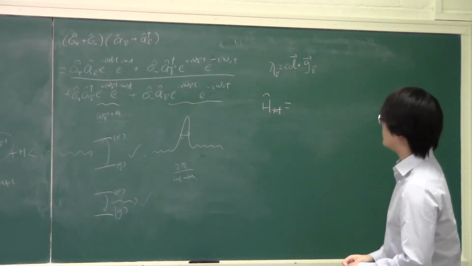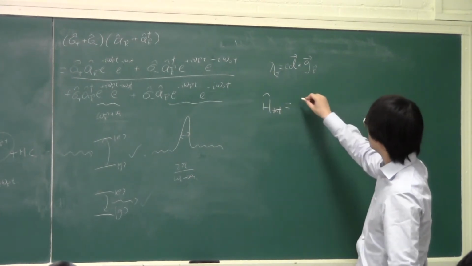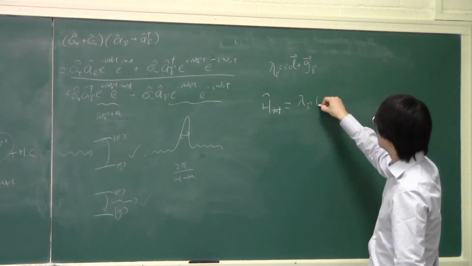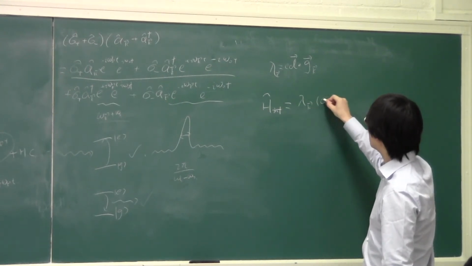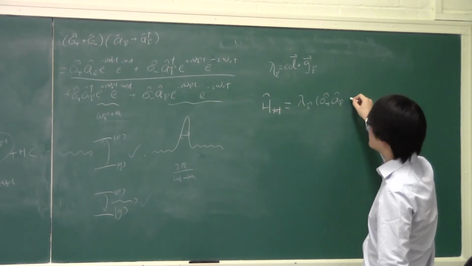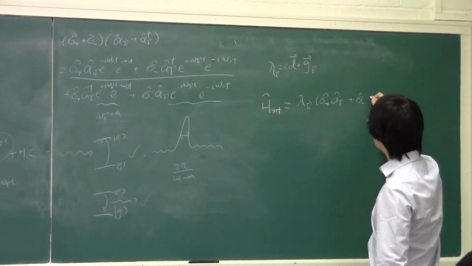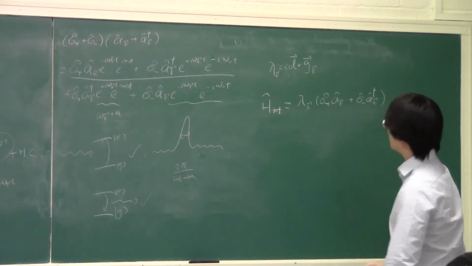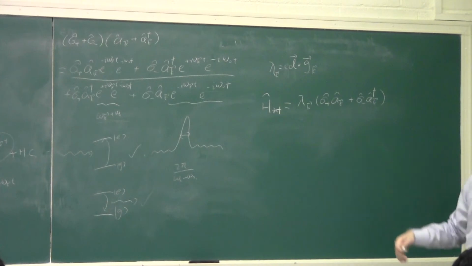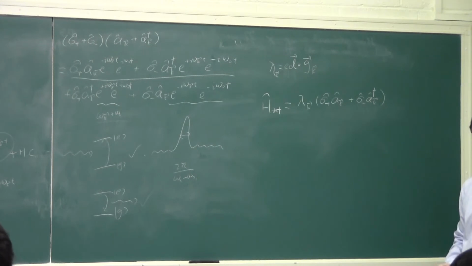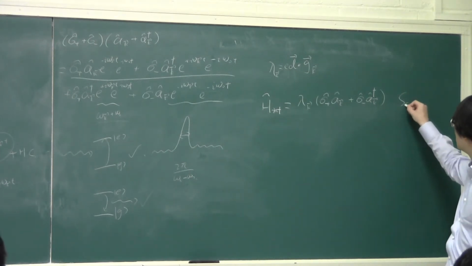is equal to lambda K sigma plus, and throwing away the time dependencies by saying that we're writing things in the Schrodinger picture.